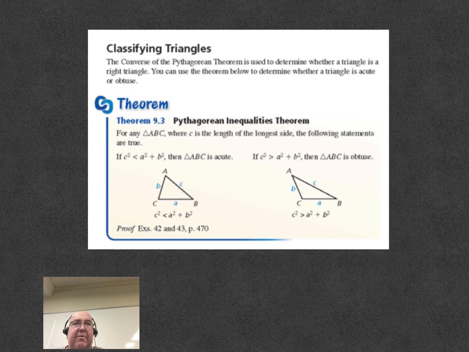Okay, so now we can classify triangles using the Pythagorean theorem. If the hypotenuse squared is less than the sum of the two sides squared, that's going to be an acute triangle. If the hypotenuse squared is larger than the sum of the other two sides squared, it's going to be an obtuse triangle.